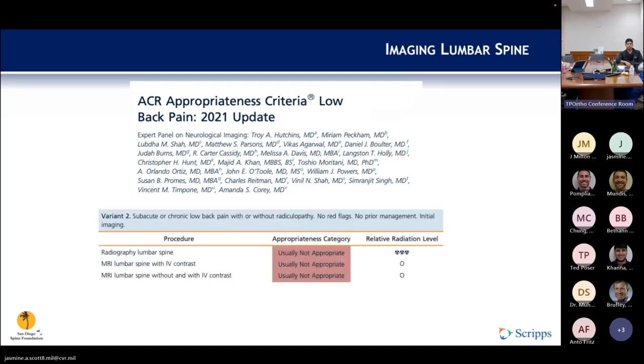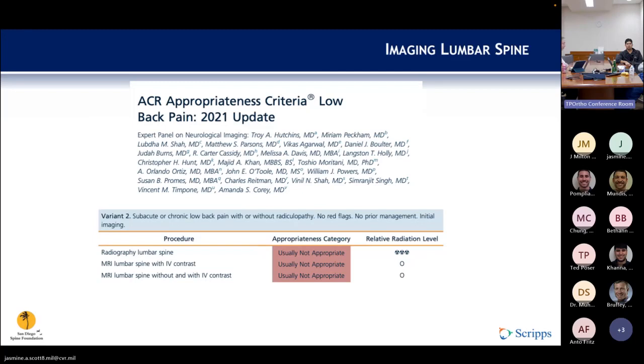This was very interesting to me, but basically in someone with new or subacute chronic low back pain without radiculopathy, no red flags, they're saying that it's not appropriate to get any imaging. I think that is fine. I don't know how that necessarily translates to being a specialist.